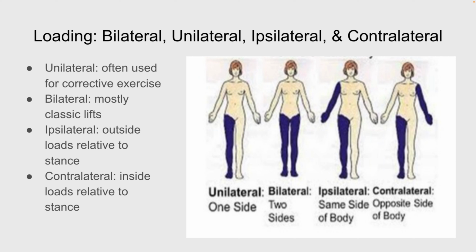When we get into contralateral lifts, we're getting more into the anterior posterior oblique slings, the arm lines, and we're also getting into the spiral line a lot more. So it's important to understand that we're going to be mostly working in the unilateral, ipsilateral, and contralateral areas.